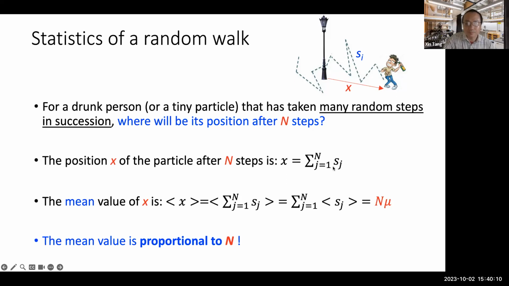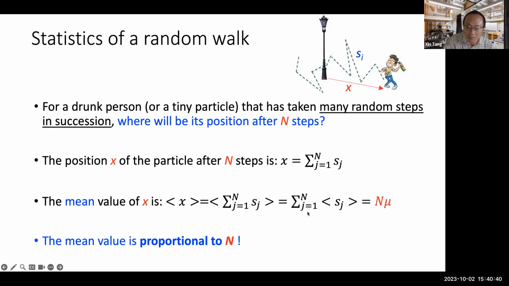Now, if we do this, the x value, if we take the mean, what's the mean of x? We take the mean of x, which means we also take the mean of this summation. This s is all added together, it's not multiplied, it's adding together. Then we can take the summation symbol outside.